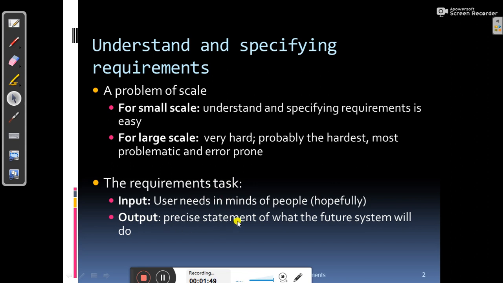Output is a precise statement of what the future system will do. So in the requirement task, output will also be there, like what the system you are going to develop will provide; that precise statement should be there. So requirements can be divided into two parts, input and output.